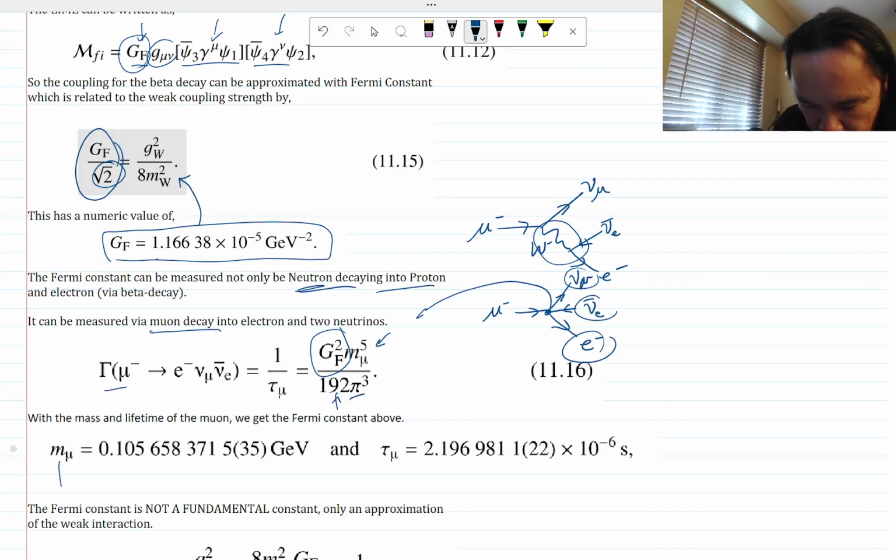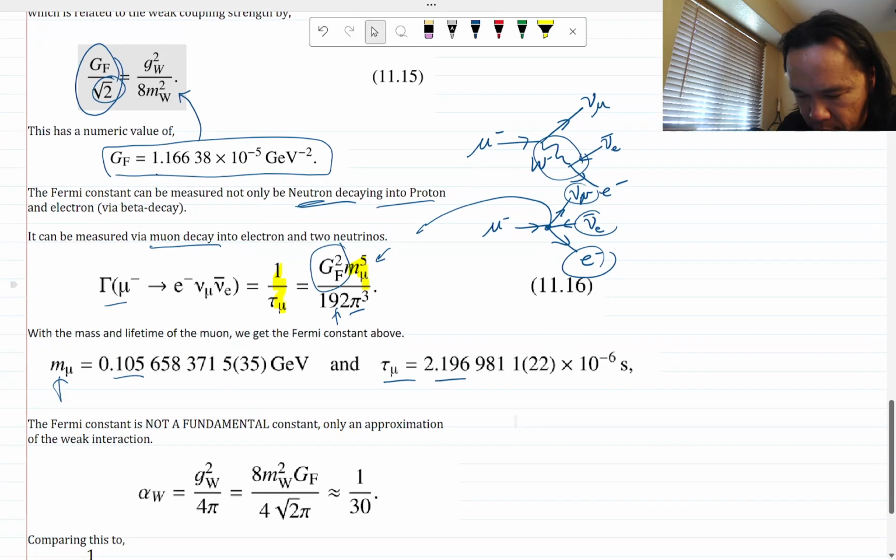So if you know the mass of the muon, which is 0.105658 blah blah GeV, and you measure the lifetime of the muon, so you get a bunch of muons and figure out what their lifetime is, you can actually calculate what G Fermi is, because you know what pi is and you know what 192 is.